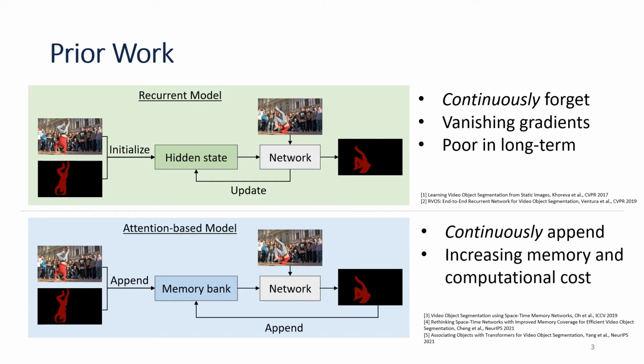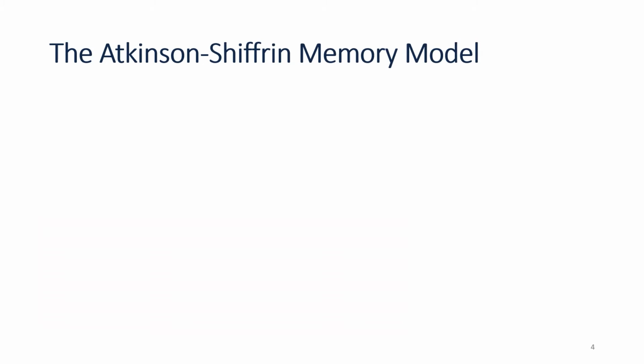And for attention-based methods, since we are continuously appending new features into the memory bank, both the memory and the computational costs would increase over time. That is obviously undesirable and would actually be infeasible for longer sequences of, say, a few hundred frames, or for sequences that are longer than a minute long.